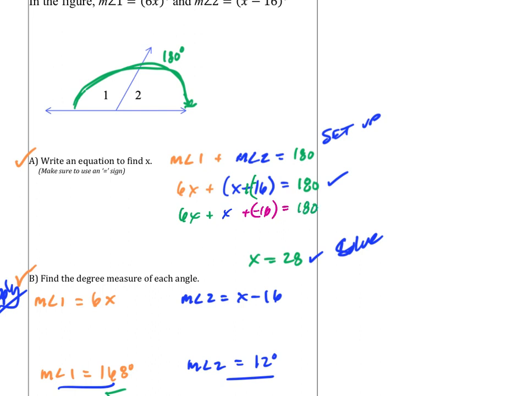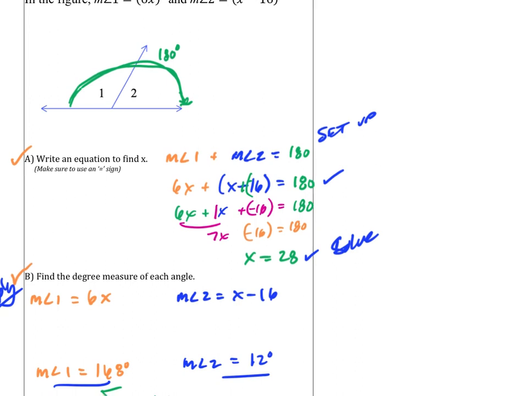We'd add 16 to both sides, but at the same time, we'd be changing this to 7x because there's a 1 right there. So we wind up with 7x equals 196. We divide both sides by 7, and we get that x equals 28.